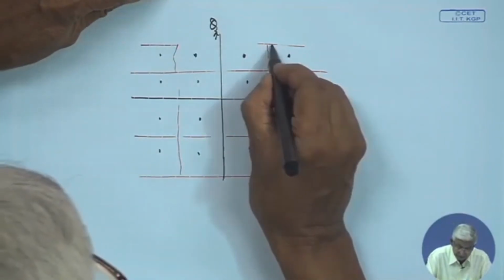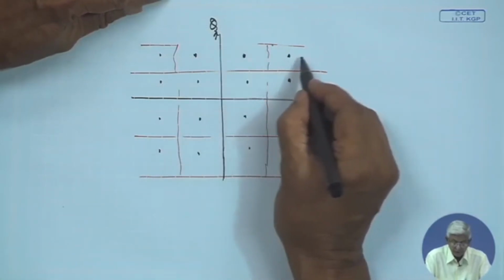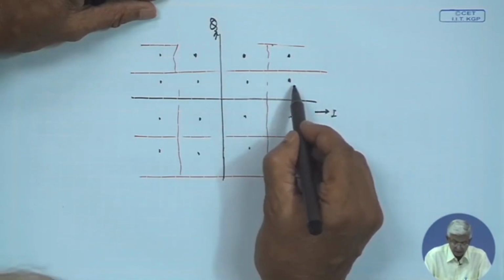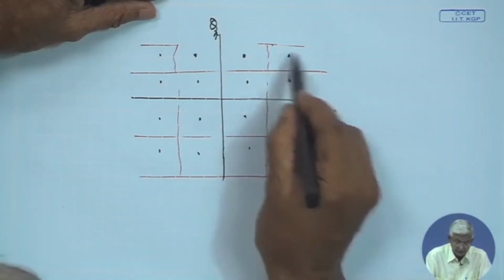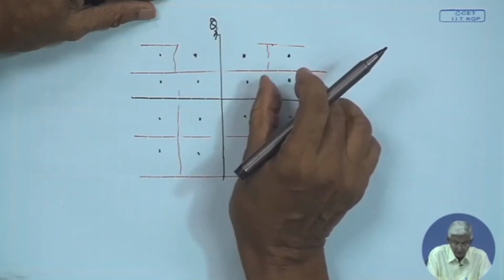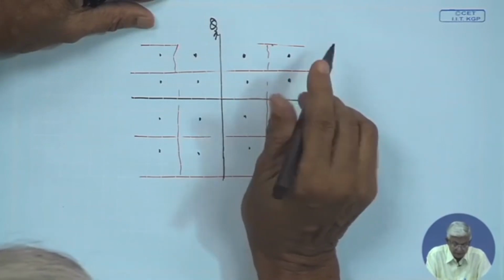Each of these vector points represents a particular symbol. So, in case of QAM, this will be a 4-bit symbol. Let us say this is 0101, this is 0111, like that. Each of them represents a symbol which is a combination of a couple of bits.